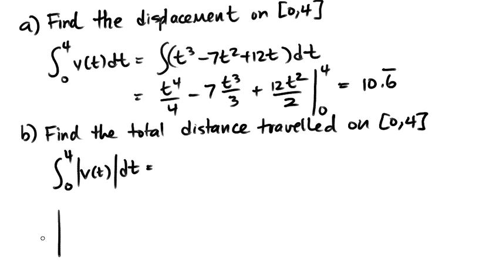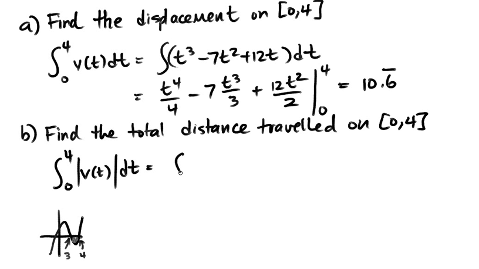You should see a graph that looks something like this, and you'll notice that there's a negative area from 3 to 4, and that means that with our displacement function, we were thinking about it as a negative area. It was subtracting it away. But actually, with the total distance traveled, that's just moving in the opposite direction, so we want to include that as part of the distance traveled.